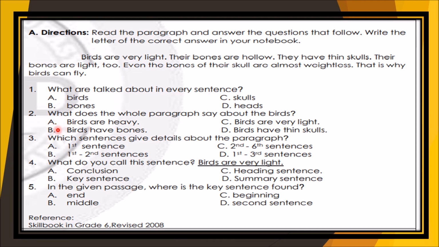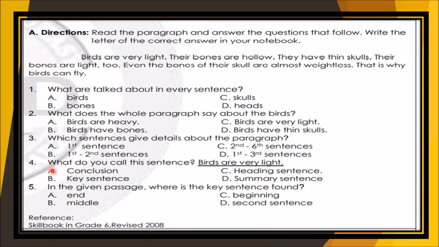If your answer is letter C, birds are very light, you're right. Okay, number 3. Which sentences give details about the paragraph, meaning the supporting details about the main idea? If your answer is from second to sixth sentences, you're definitely correct.